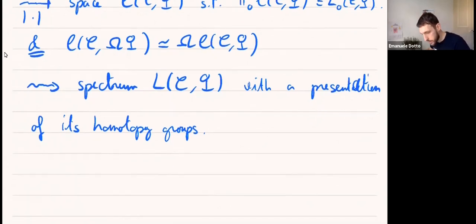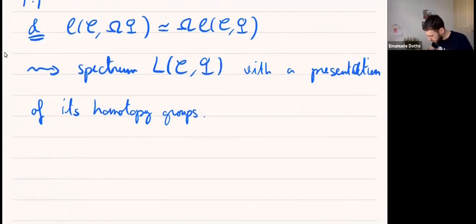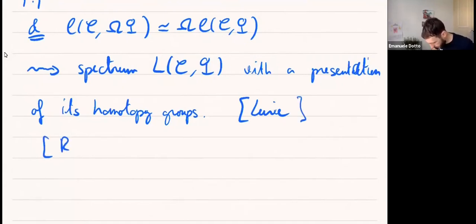And I should say, this construction in this language is due to Lurie for these Poincare categories, but it follows a blueprint of the L spectra classically introduced by Ranicki, Quinn, and Wall.